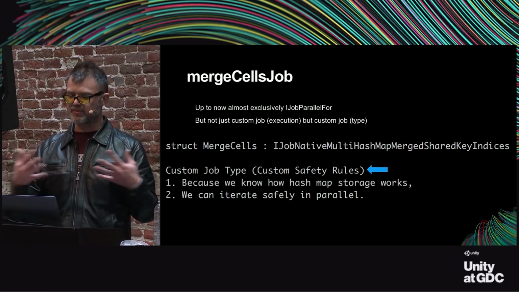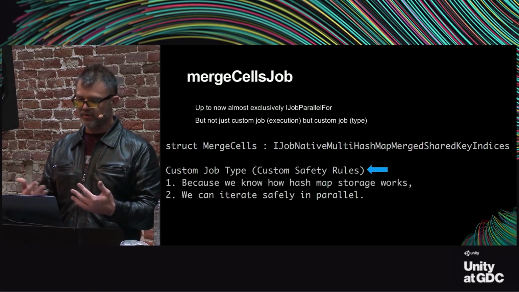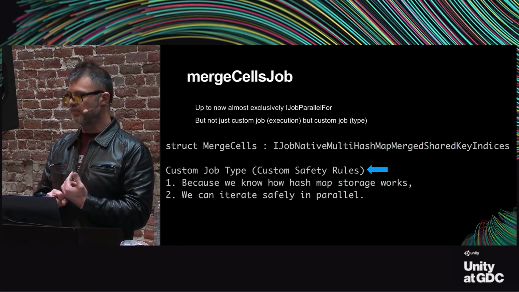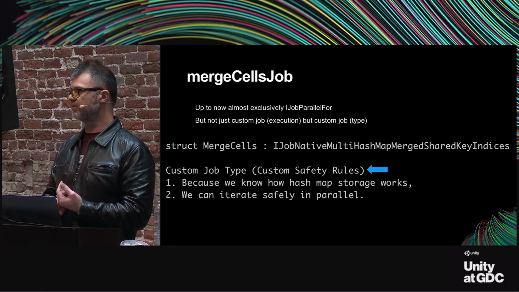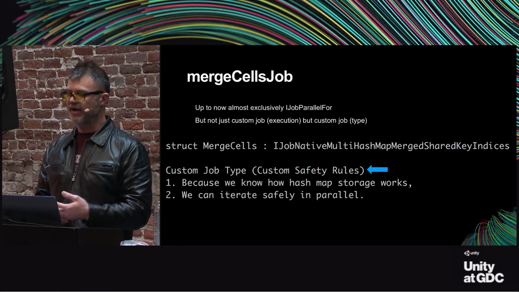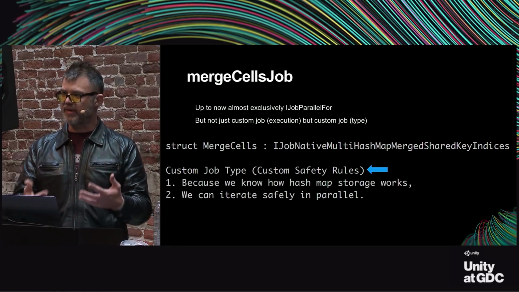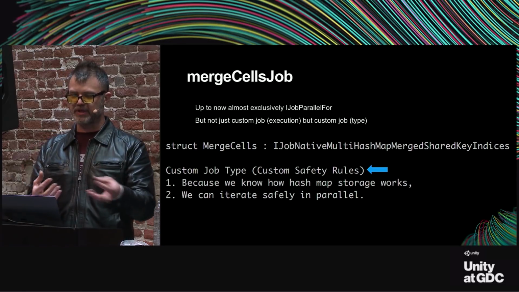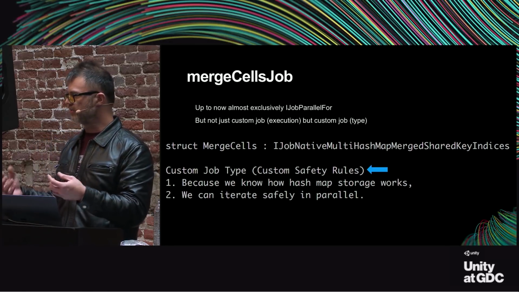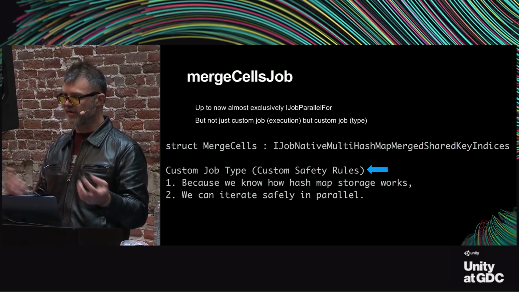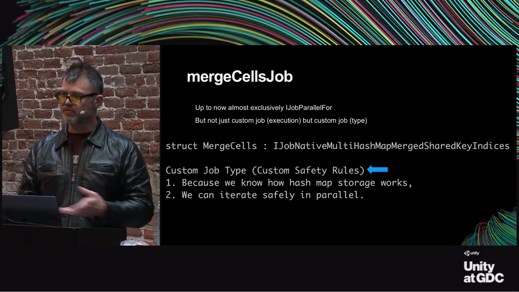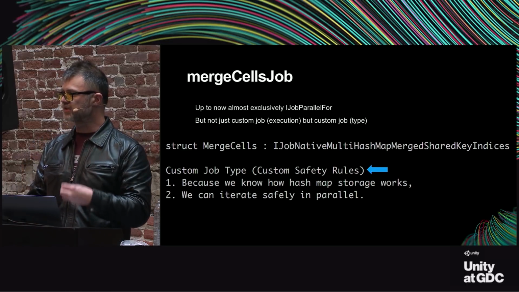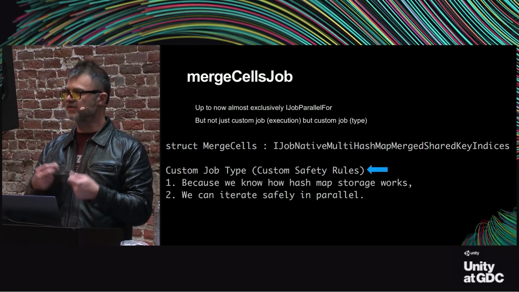So what does a custom job type allow us to do? The first thing is it allows us to build, and most importantly, it allows us to build custom safety rules, right? In this particular case, when I'm accessing a hash map, I have very particular rules based on the data of what's allowed to be written and read from various threads. So I can define those rules, and so anyone who ever uses this can now be guaranteed that that use is safe.